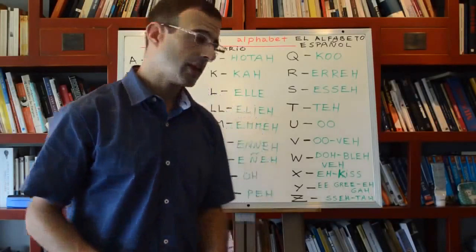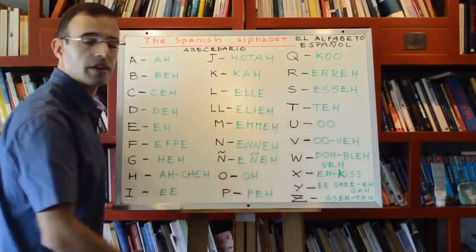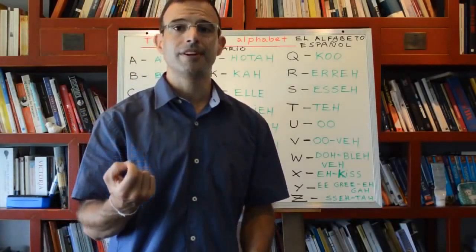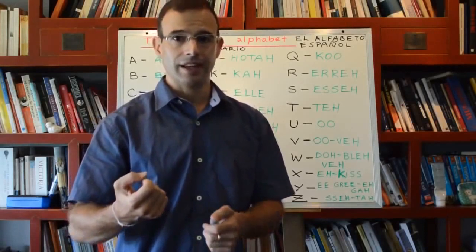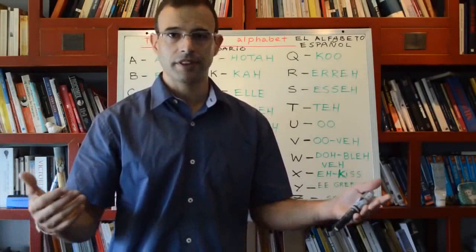What does that mean? Originally in Spanish, B and V were distinguishable, right? B, V, same as in English. However, through laziness, people would pronounce B, B, B, everything the same.